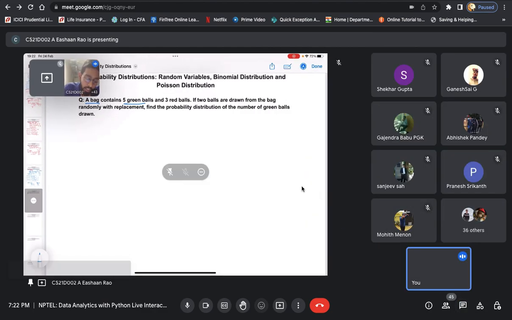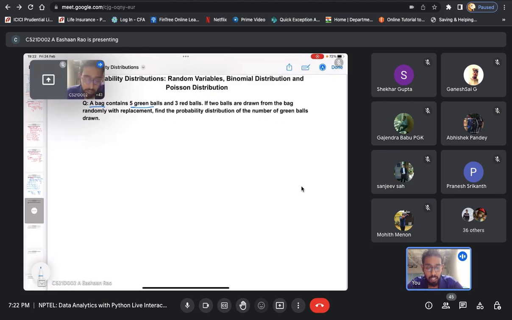If 2 balls are taken randomly from the bag with replacement, that means once I take a ball, I will see what the color of that ball is, and I will put it back again. Then I will take another ball, so the number of balls in the bag will remain the same. So if I do this with replacement, find the probability distribution of the number of green balls drawn.